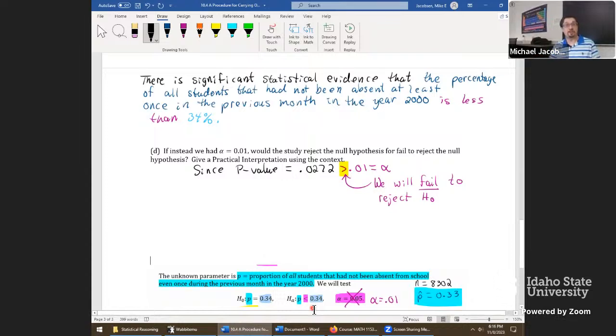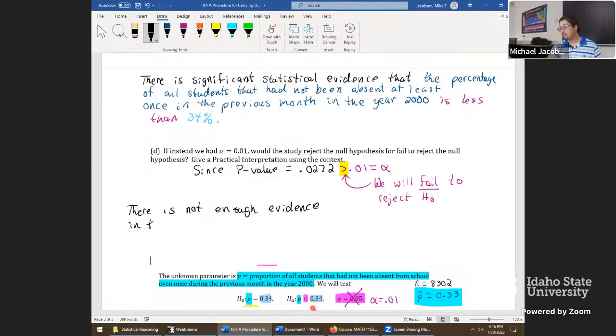That's the reason the study started. But if they can't do it, this is still important information to say there is not enough evidence in the sample data to conclude.